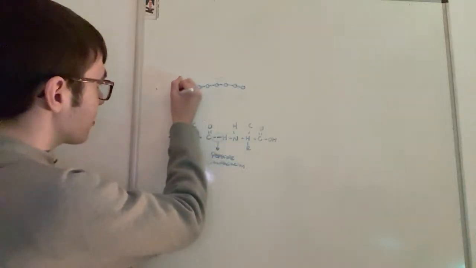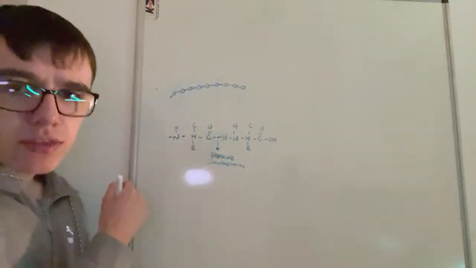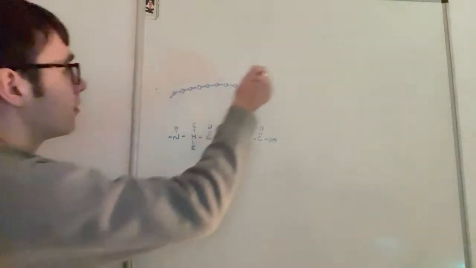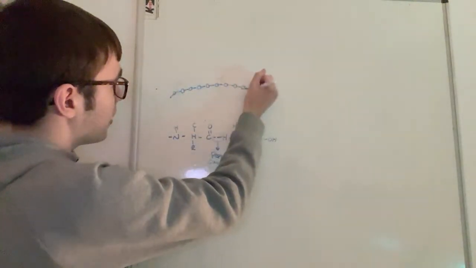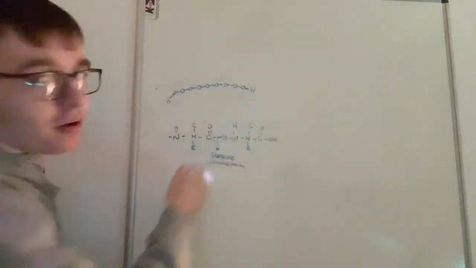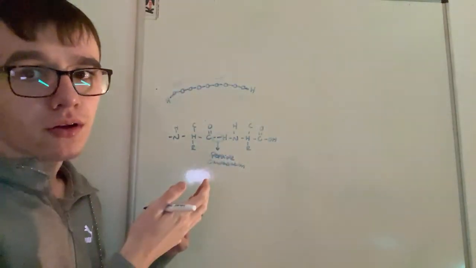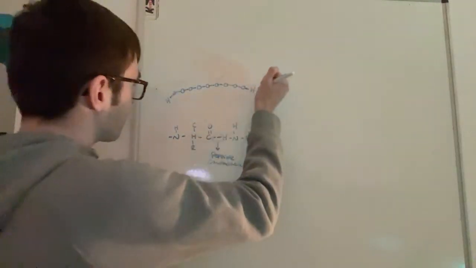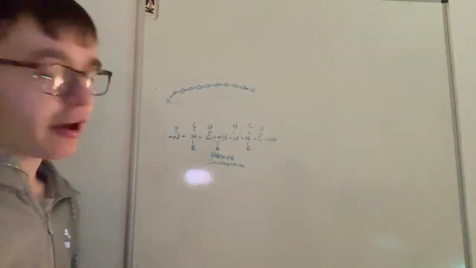Now, basically, I don't exactly recall how this works. I'm pretty sure that on either end of a chain, hydrogen bonds form, and these hydrogen bonds cause it to coil or fold. And this moves us on to the secondary protein structure.